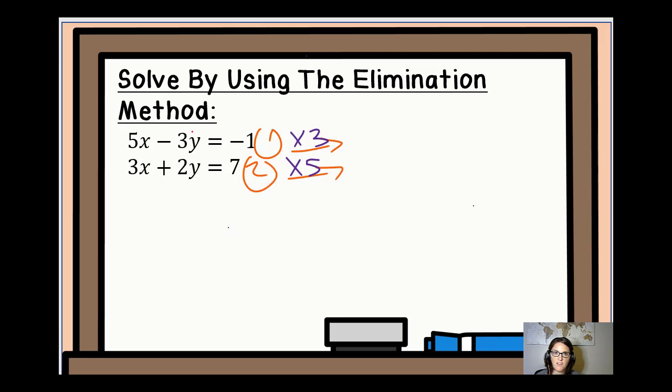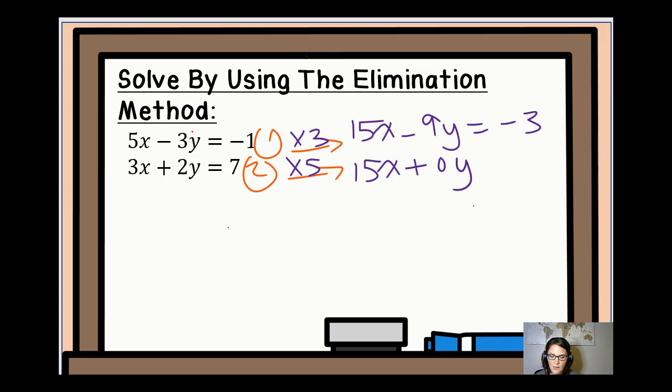So this will give me 15x and 15x, which will be able to be eliminated. So 15x minus 9y equals negative 3 is my new equation number 1, and 15x plus 10y equals 35.